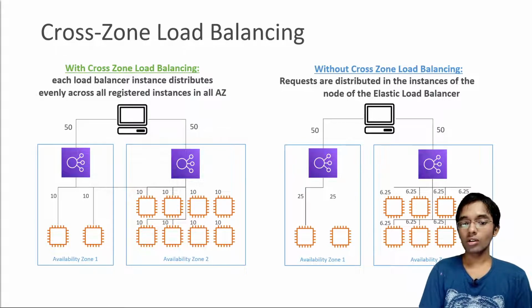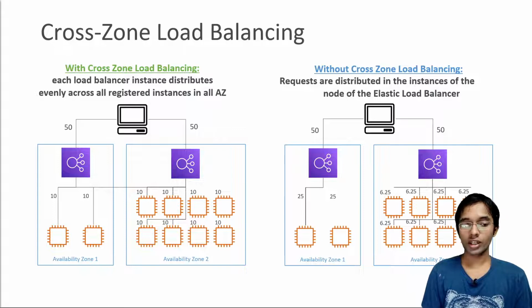The one on the right-hand side will again divide up the traffic. As we can see here, without cross-zone load balancing, the traffic is contained within each availability zone. But if there is an imbalanced number of EC2 instances in each availability zone, then some EC2 instances in a specific availability zone will receive more traffic than others.